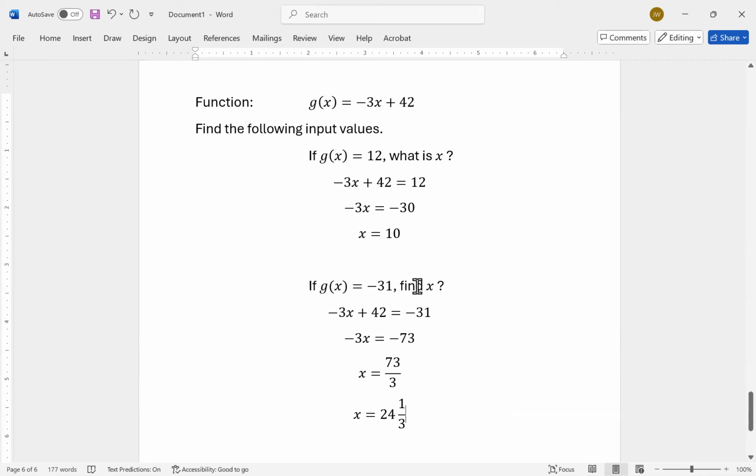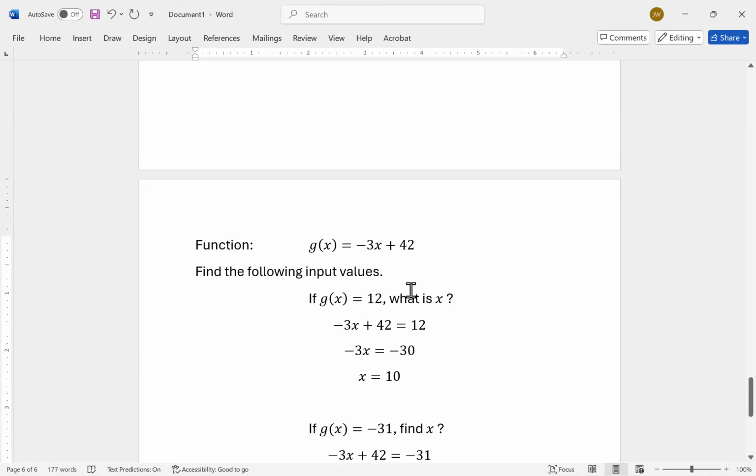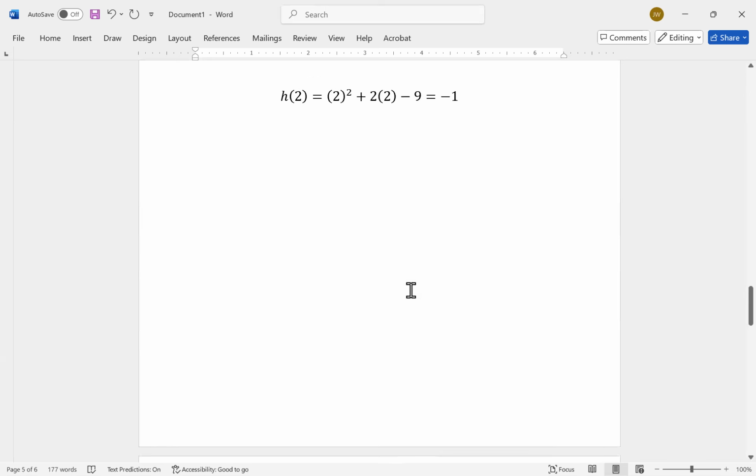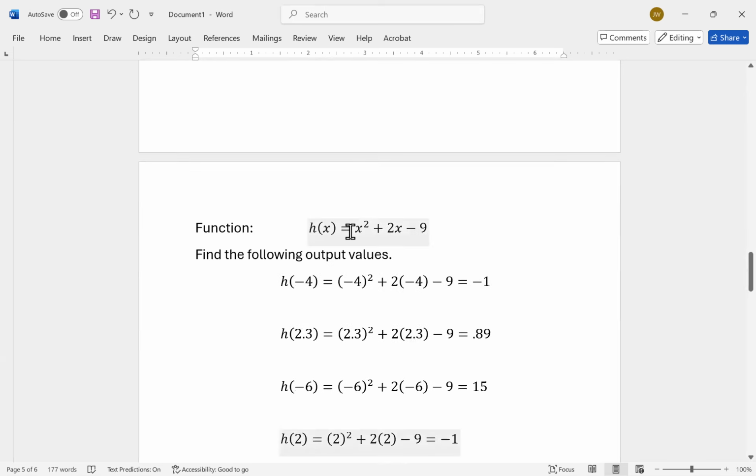But there you go. Now we could have done this with our function that had an x squared on it. We could have said, well, when is this equal to 15? And then we could have set x squared plus 2x minus 9 equal to 15.